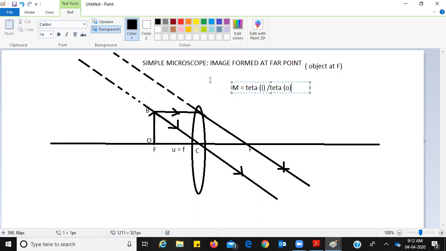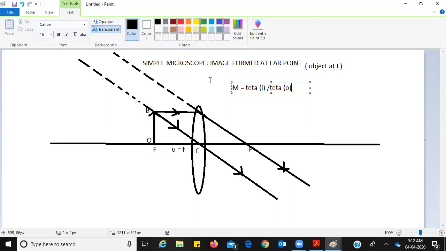V by U. Yes, V by U only. But we changed V by U into another formula. It was not the final result V by U in the last case. It was 1 plus D by F.